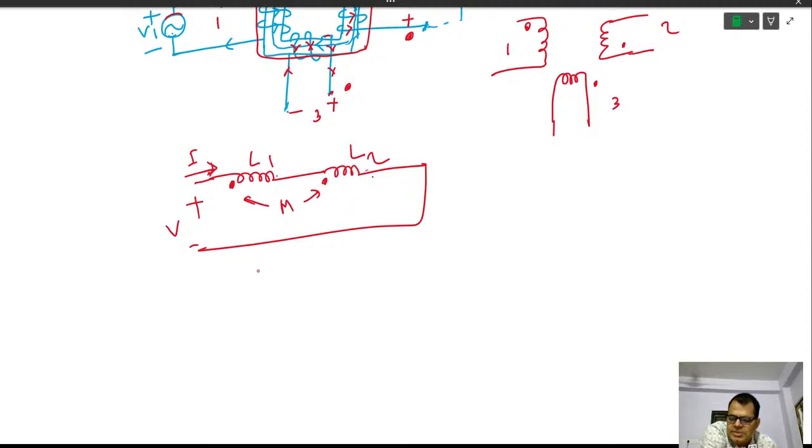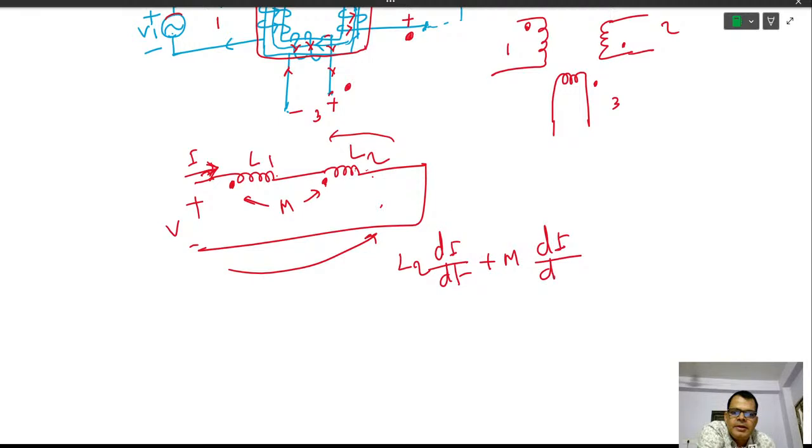So you simply traverse in the direction. You first encounter L2 di upon dt, this is for the self inductance. Now you encounter a dot. Current flows in this dotted terminal, so this will be positive, so you are going from negative to positive. So it is M di upon dt.